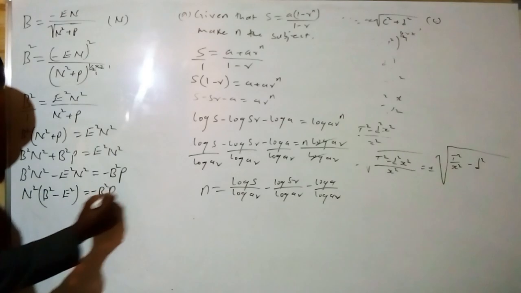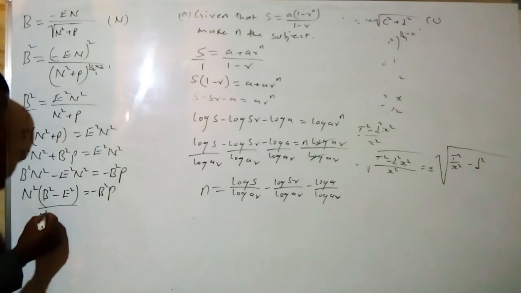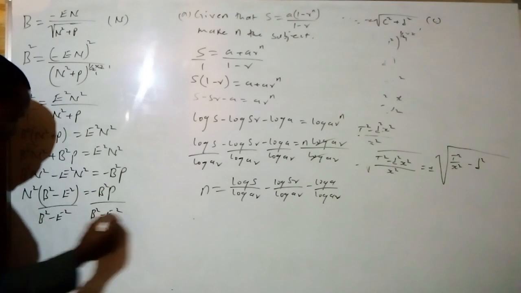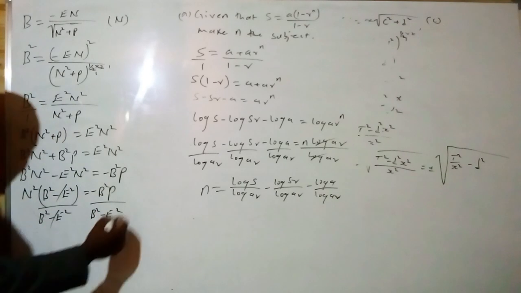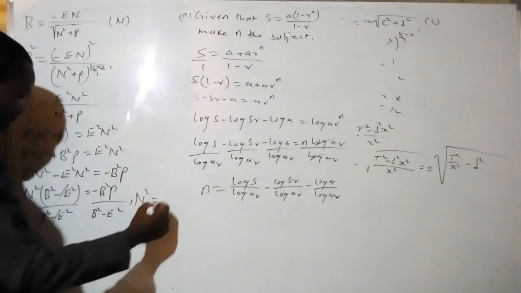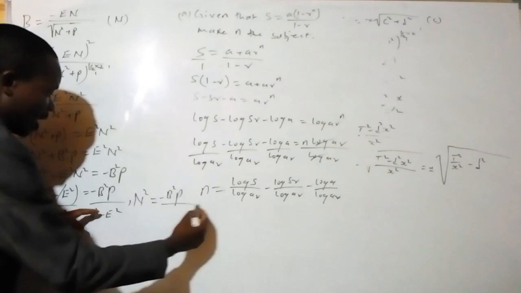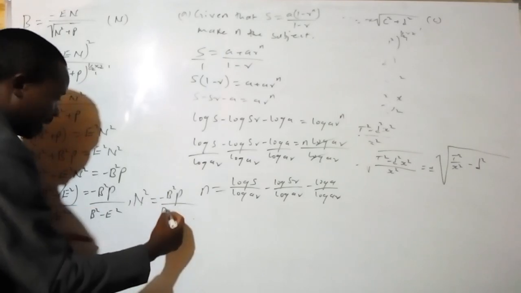Divide by b squared minus e squared, they cancel out like that. n squared is equals to negative b squared p all over b squared minus e squared.